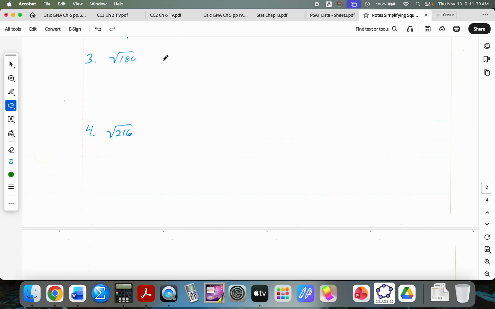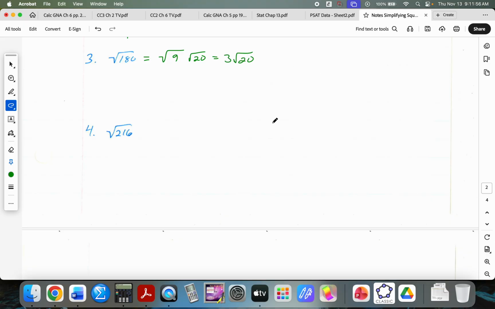Now, let's say that you didn't see 36 first. Let's say that you saw 9 went into this evenly, because I think that's the easy thing to see. If you do it that way, it's not wrong, but you're going to have to do the process twice. This is the square root of 9 times the square root of 20, which is 3 square root of 20.